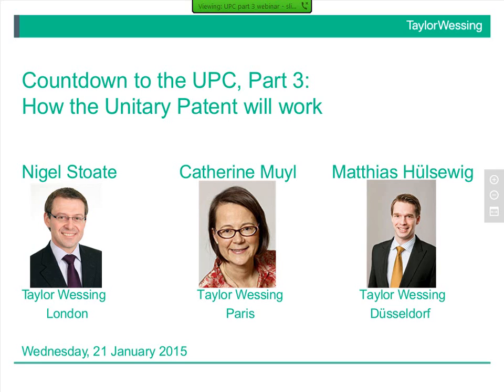It is the unitary patents that we concentrate on in this, the third webinar in our series. In particular, we will discuss the nature of the unitary patent, licensing, translation, and fees. We will also address the geographical scope of the patent in the early years of its operation.